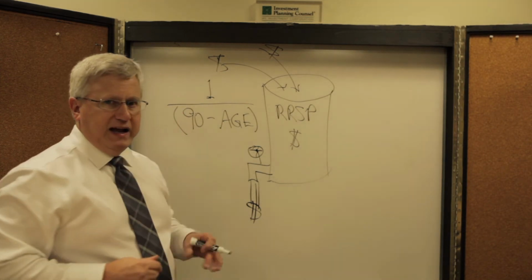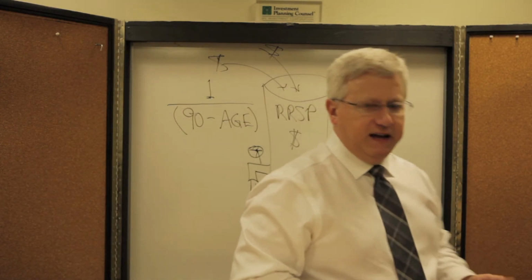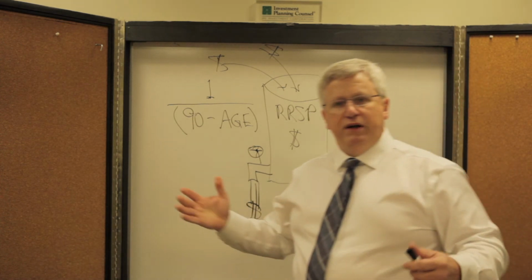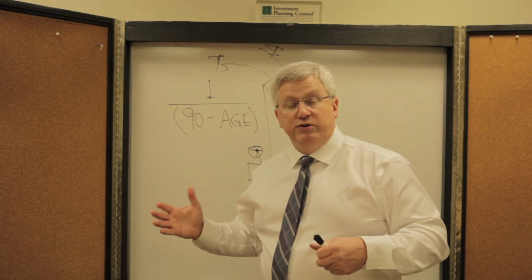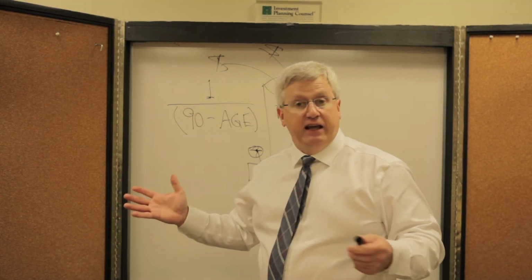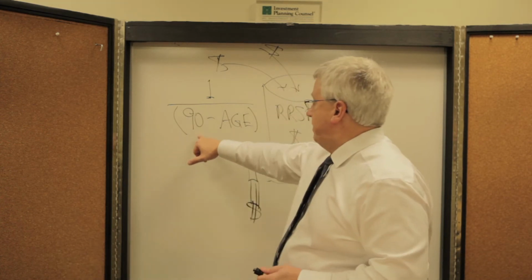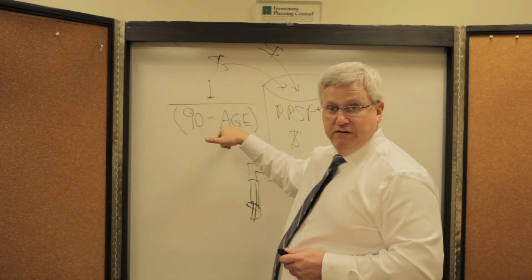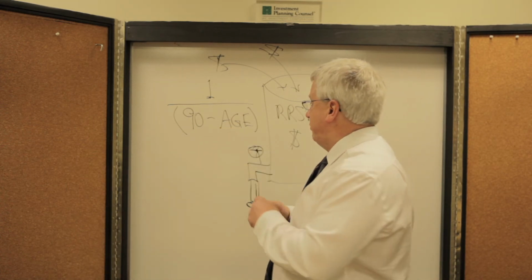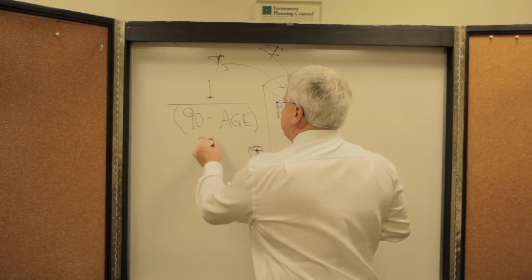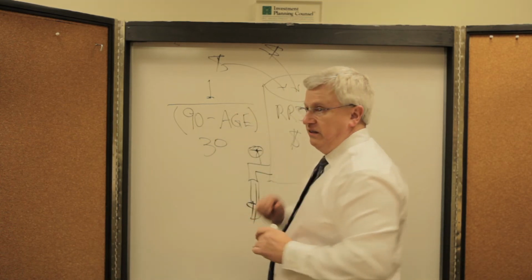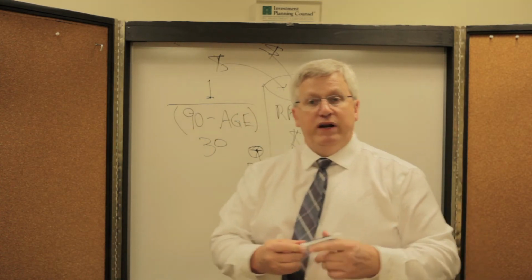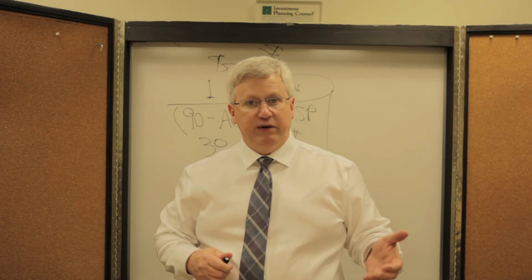And I put that in brackets simply to say that we must do that calculation first. So in this example, someone who's, say, 60 years of age and they set up a RRIF, they would be obligated to take out 90 minus 60 equals 30. So in this example, 1/30th of the plan value would have to be withdrawn the following year.